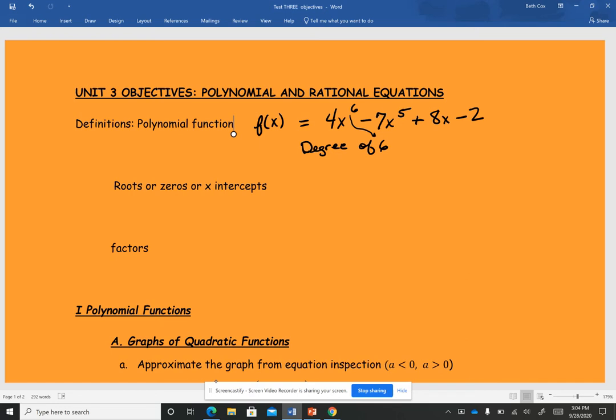The leading term is the 4x to the 6th. That's the leading term. The leading coefficient would just be the 4. And the leading coefficient, of course, is important for several things that we'll look at. Okay, and so that's what a polynomial function looks like. They can have simple ones, they can have more complicated ones.